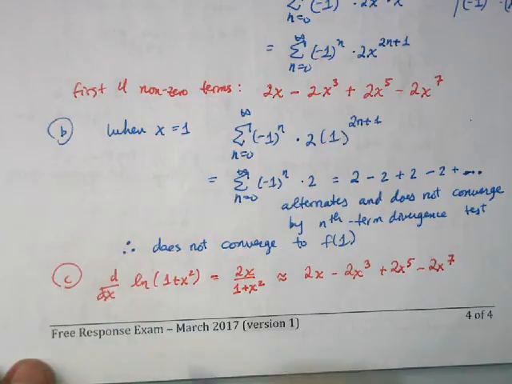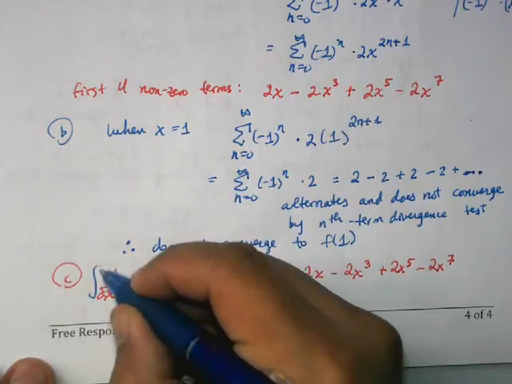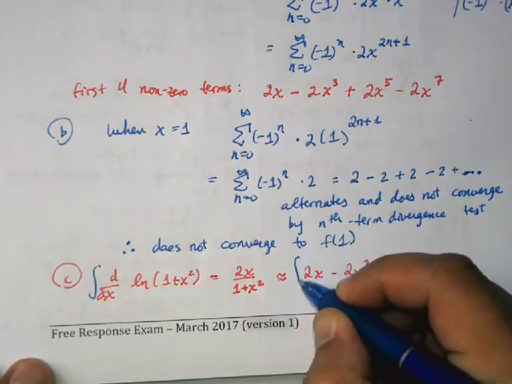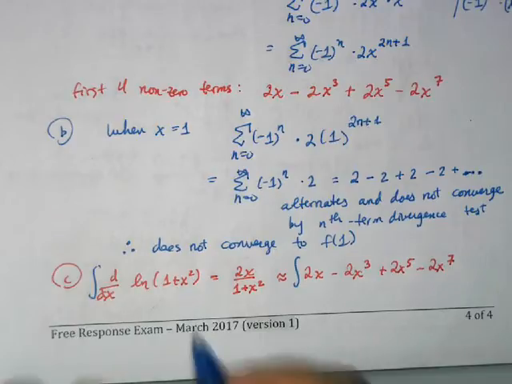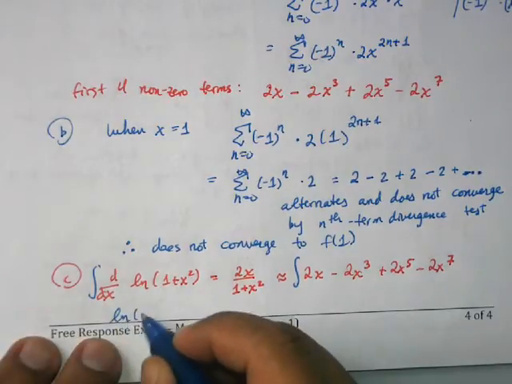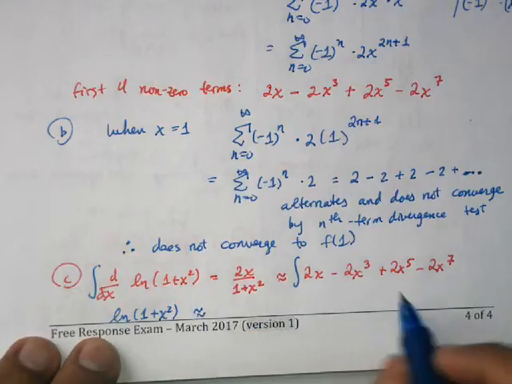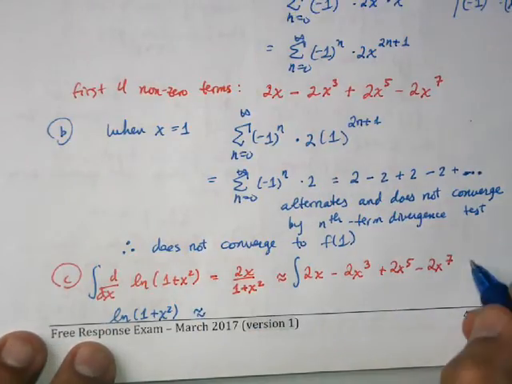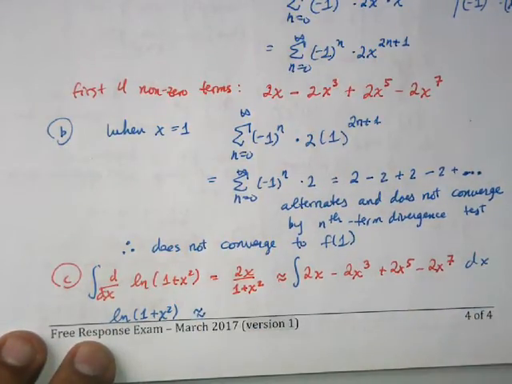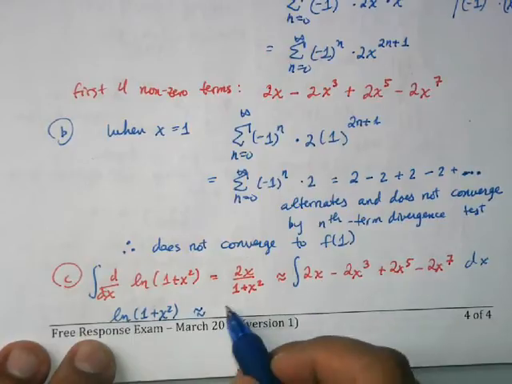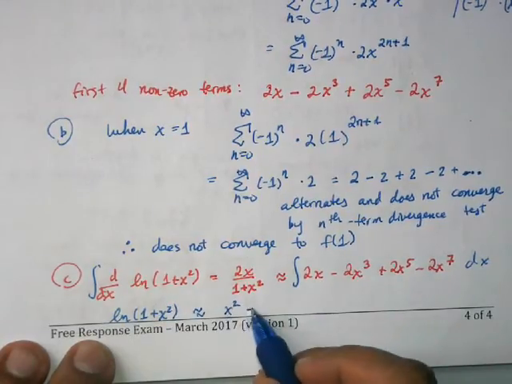Therefore, if we want to find the series for the natural log function, we just take the antiderivative of both sides with respect to x. So on the left, we get that the natural log of 1 plus x squared is equal to, and the antiderivative of this term with respect to x should be rather straightforward.